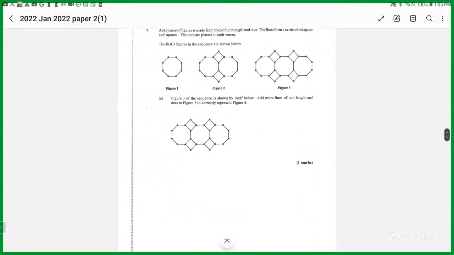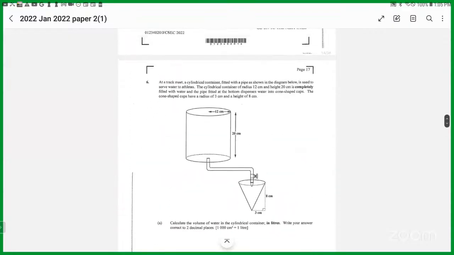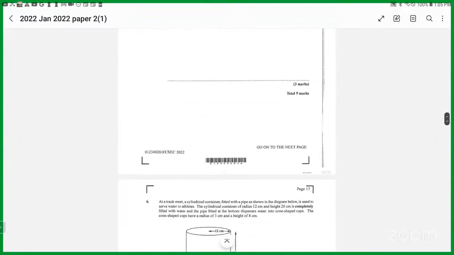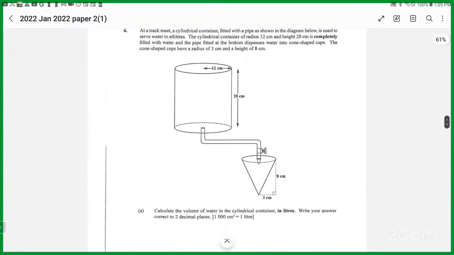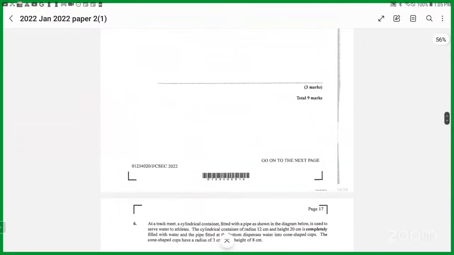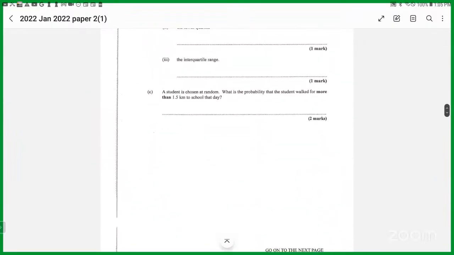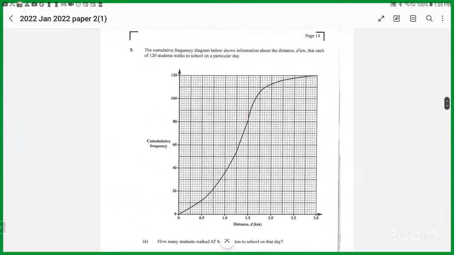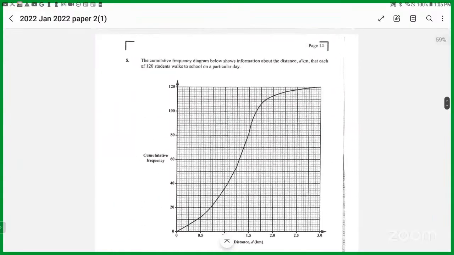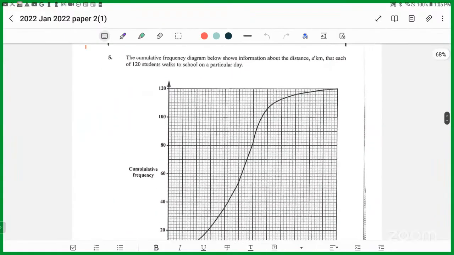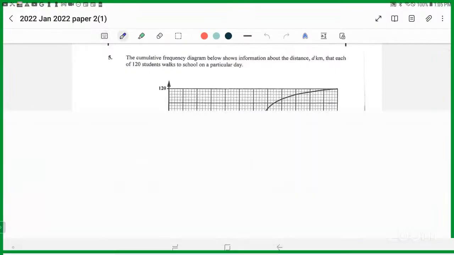Number 5, we're looking for number 5. Another question similar to solid geometry. There you go. January 2022. All right.